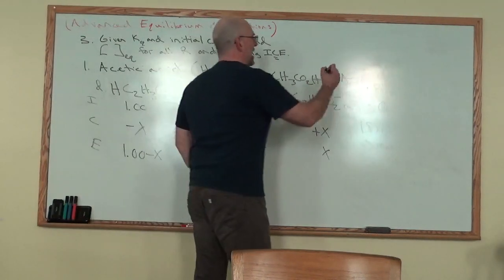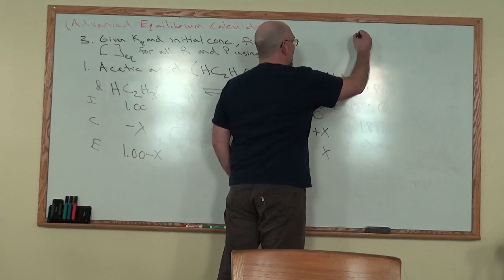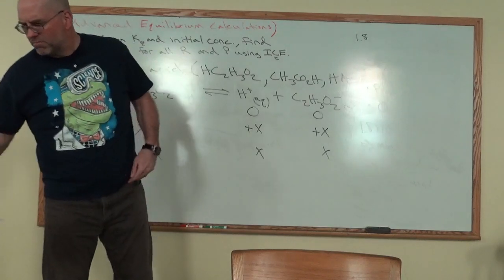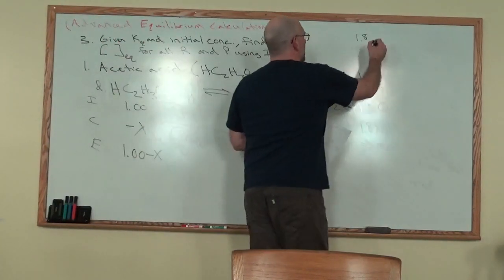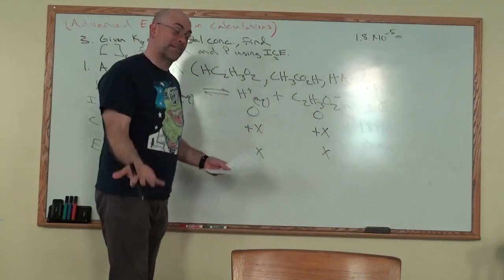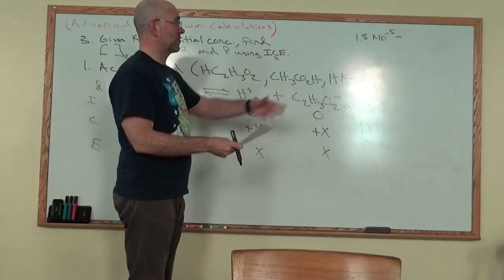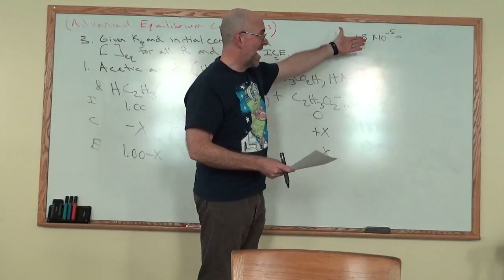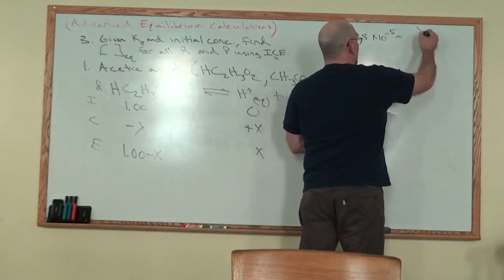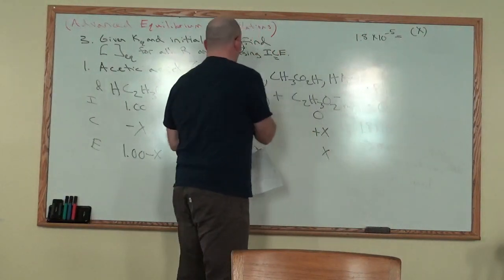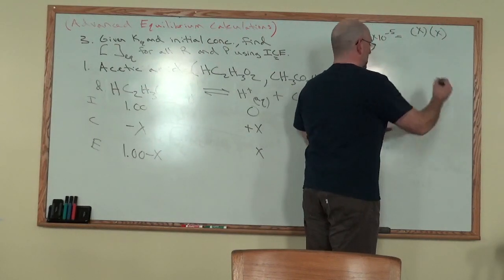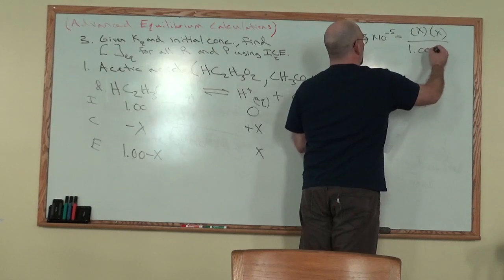Now we set up and solve the math. So we know that our Ka is 1.8 times 10 to the negative 5. Now we're just putting in numbers and symbols into everything we set up. So instead of just writing the generic Ka or Kc, we'll put the number there. Well, that's going to be equal to x, because that's this concentration, times this concentration, over 1.00 minus x.